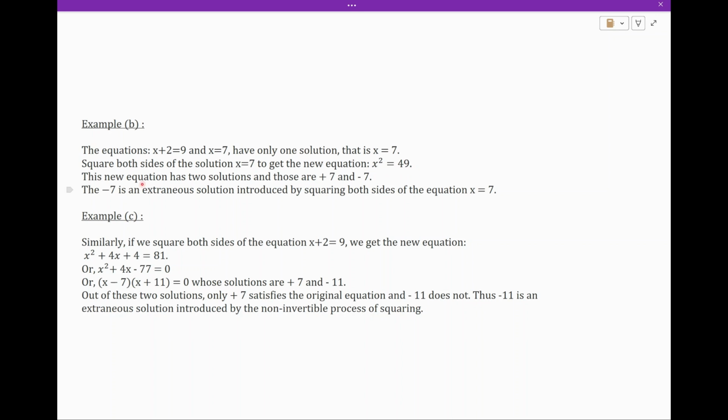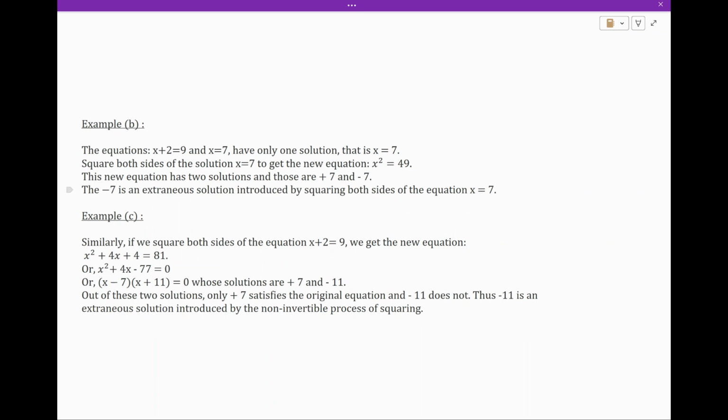This new equation has two solutions, and those are plus 7 and minus 7. The minus 7 is an extraneous solution introduced by squaring both sides of the equation x is equal to 7.